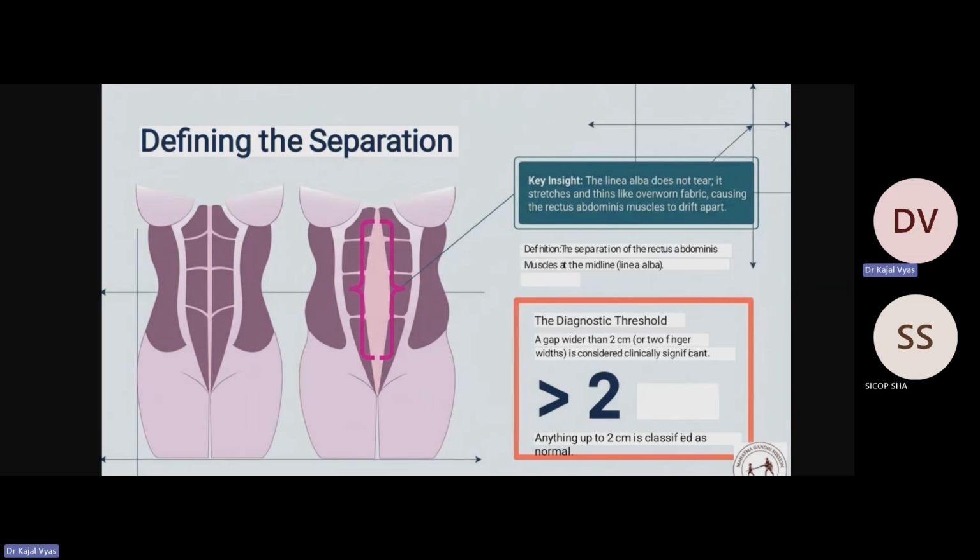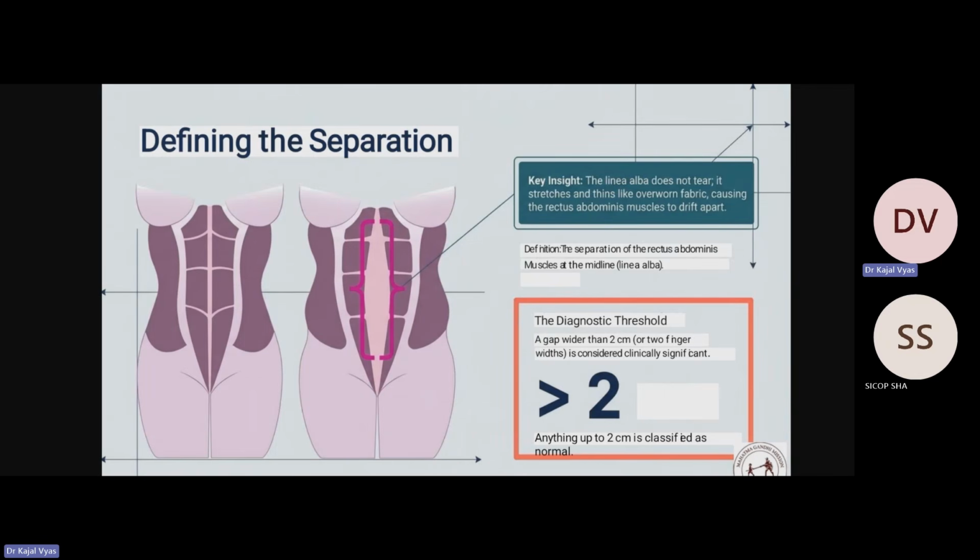So the definition of diastasis recti is a separation of the rectus abdominis muscle at the midline, at the linea alba. So basically, it is a separation at the connective tissue. A gap wider than 2 centimeters or 2 finger widths is considered significant, and less than or equal to 2 centimeters is considered normal.